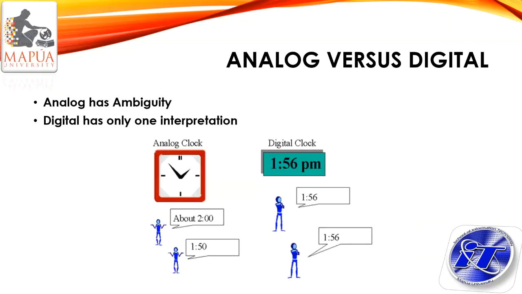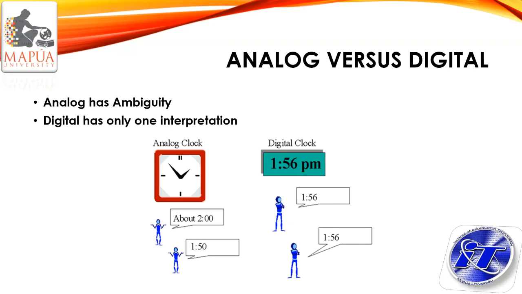So how about how we interpret the reading? Does it change from one person to another person when we read the device? For analog, definitely yes, because every person that is going to read this analog clock will give us an estimated value. So therefore, there are different ways of representing estimated value.